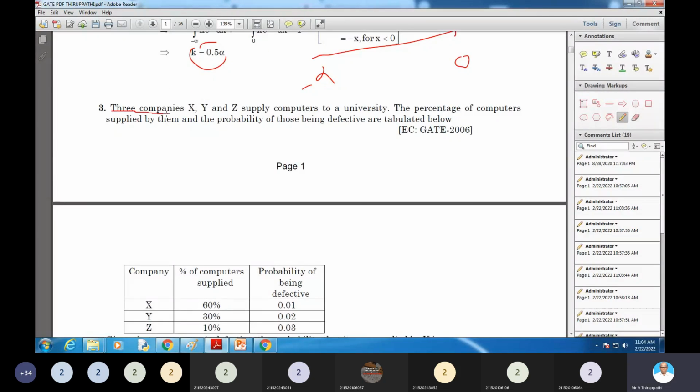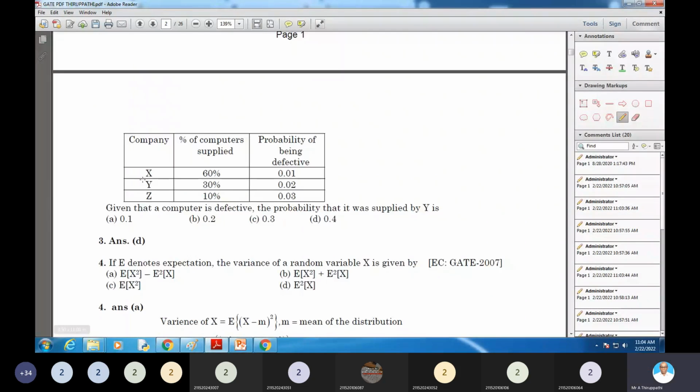Now this is a Bayes theorem problem. Next, the third question. Three companies X, Y, Z supply computers to the university. The percentage of computers supplied by them and the probability of their being defective are tabulated below.